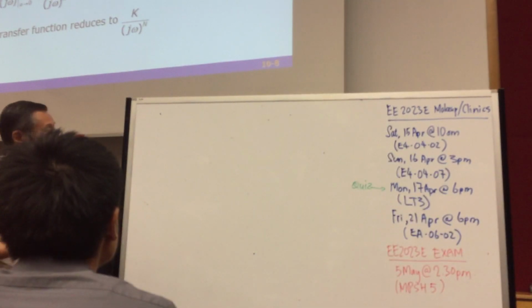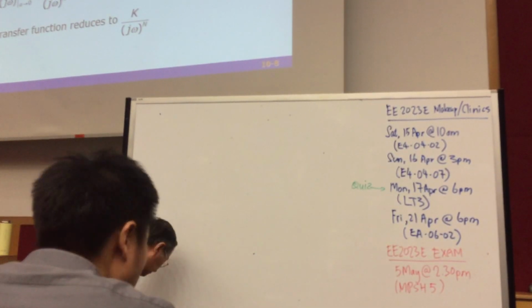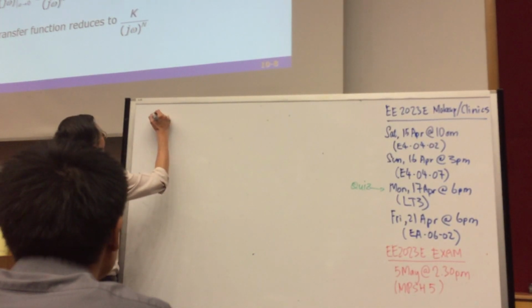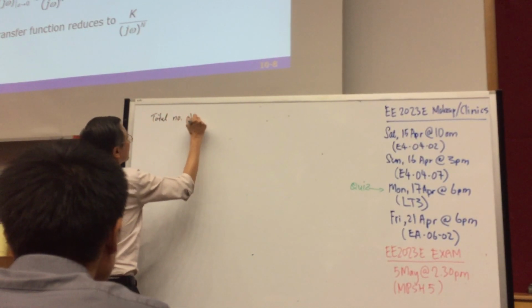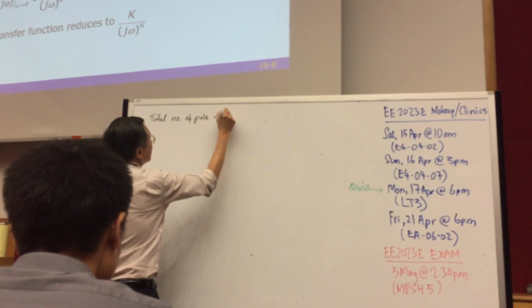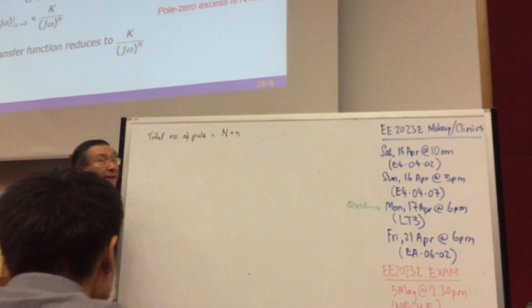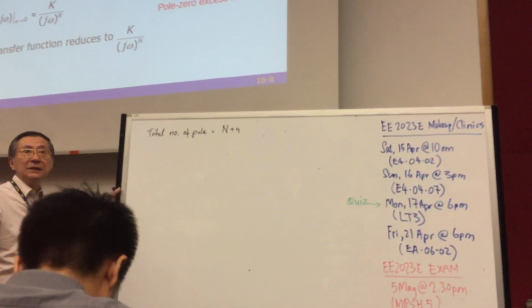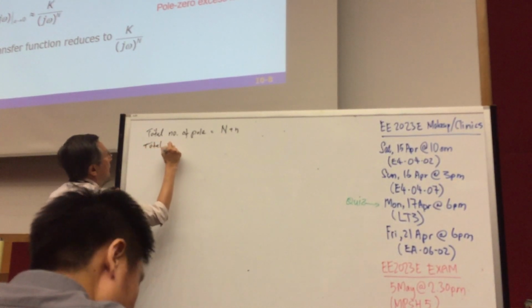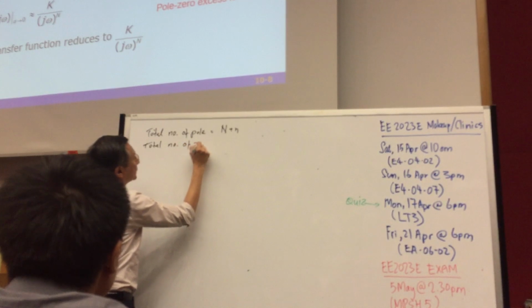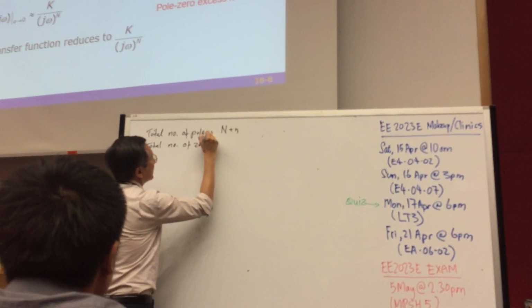So the total number of poles in the denominator is N plus n, right? Total number of zeros is m.